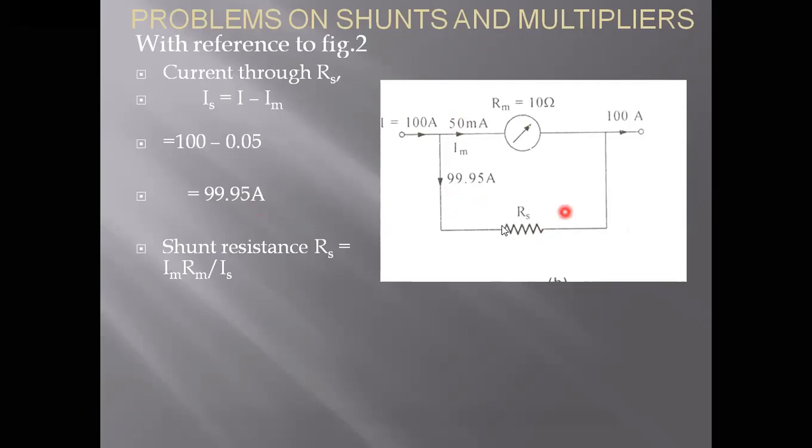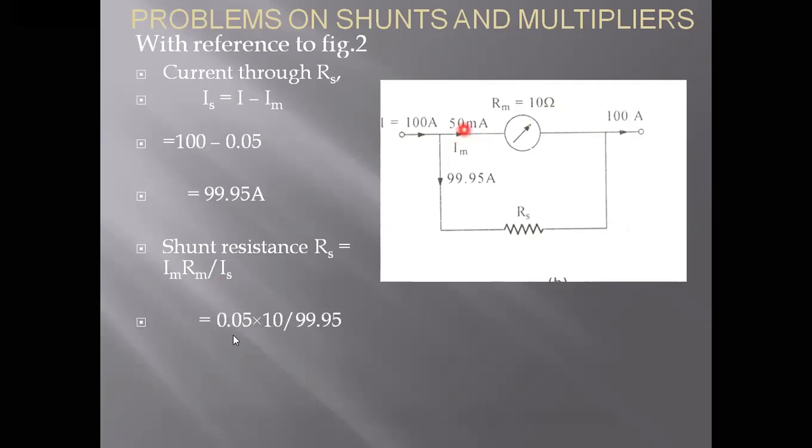Now the shunt resistance is equal to voltage across the shunt resistance by current through the shunt resistance. Voltage across the shunt resistance is same as voltage across the meter. So voltage across the meter is 50 milliamperes into 10 ohms. That is Im into Rm. That's what is mentioned in the formula.